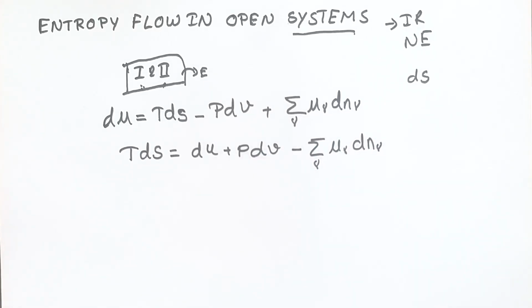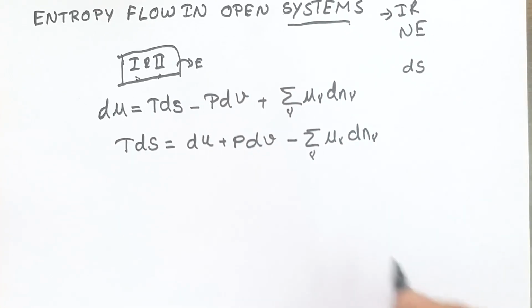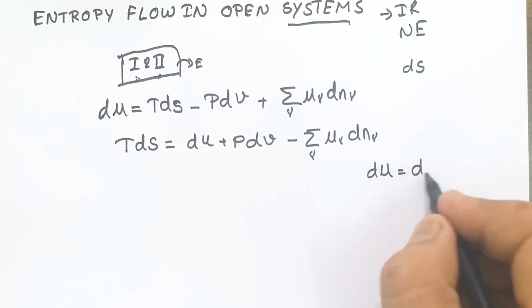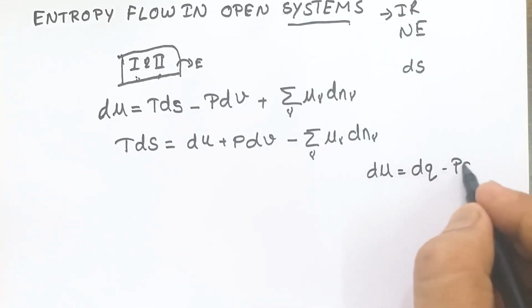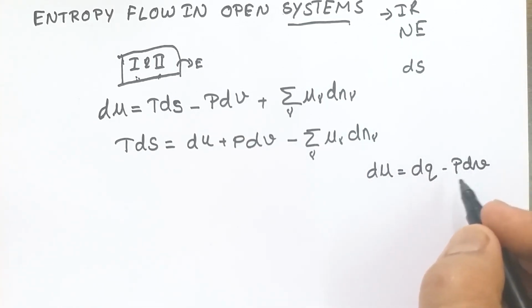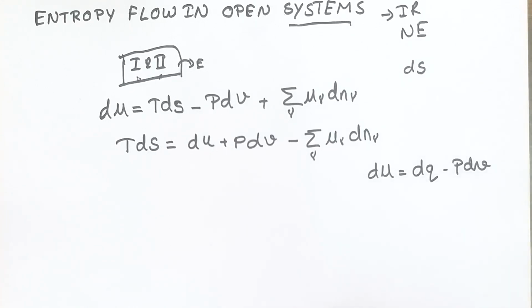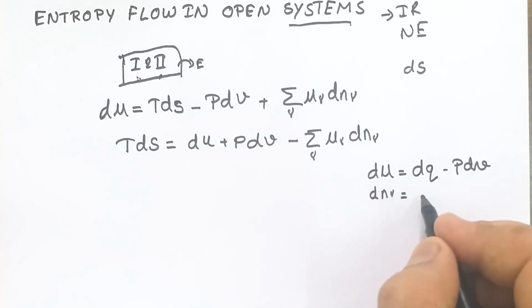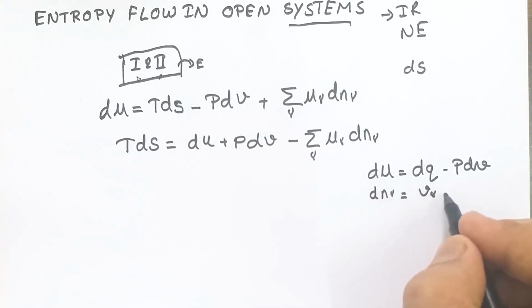Okay, and further from the first law of thermodynamics we know that dU we can write as dQ minus PdV, and also we have seen in our previous video that the value of dn gamma is nu gamma into d psi.